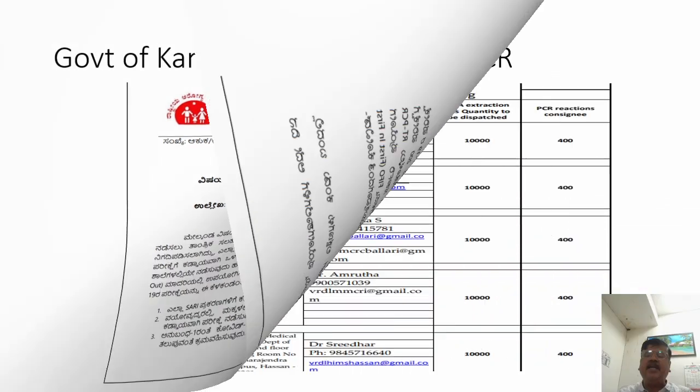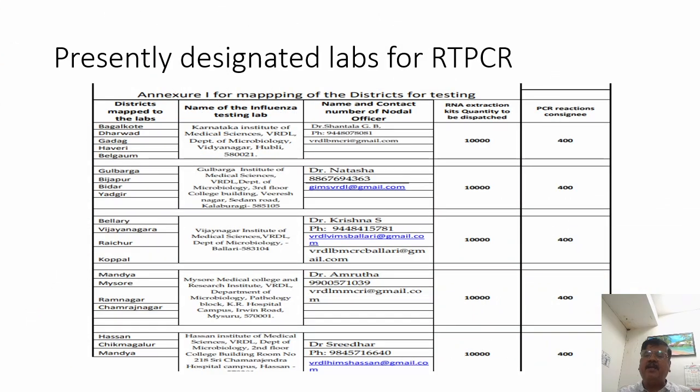Presently, as per the guidelines given on 23rd May 2025, these are the designated labs as per the government guidelines and the international guidelines. It has been informed that we should be cautious in monitoring COVID-19.